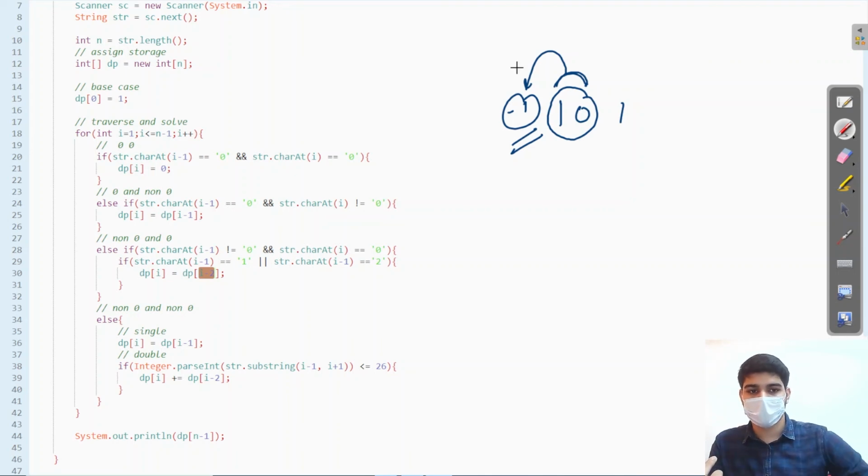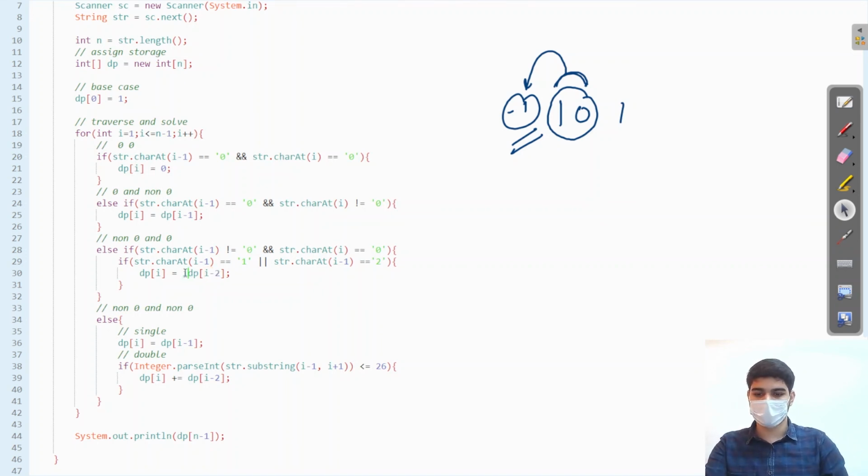So to prevent this error from happening, we can check that if I minus 2 is greater than or equal to 0, then I can do dp of I minus 2, or else I can have 1 over here. And the same case I have to write over here.